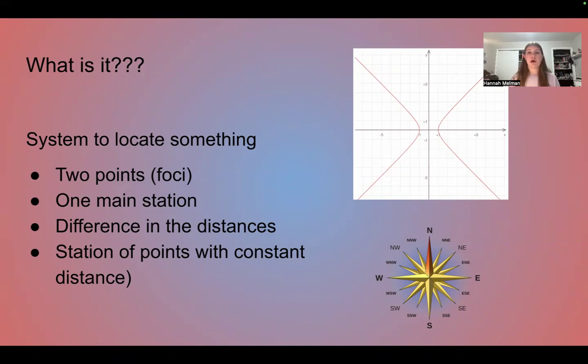And this one main station, most commonly a boat, is receiving these signals at a difference in time. So when you want to pinpoint that exact location, you use this navigation system to help determine that one location.